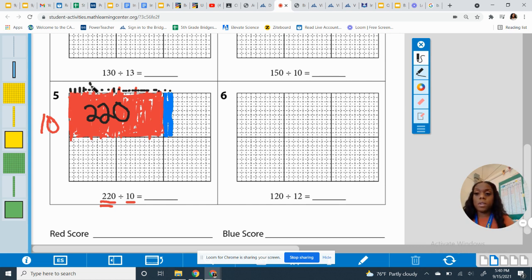So we have 10 plus 10 plus 2, which equals 22. The quotient is 22. Ta-da!